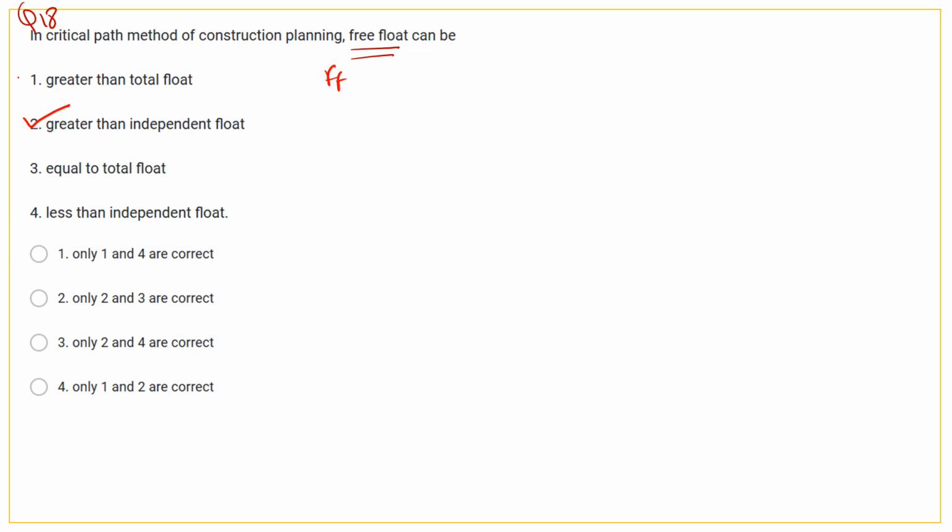Okay, this second option is correct. Then equal to total float, this is also correct. And then the last option, less than the independent float. So the free float is not less than the independent float, free float is more than the independent float. So here the second and third options are correct. So option number 2 is correct, that only 2 and 3 are correct.